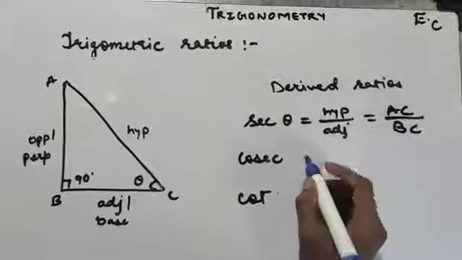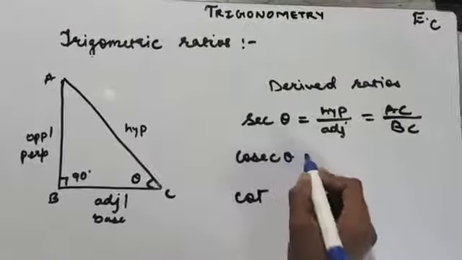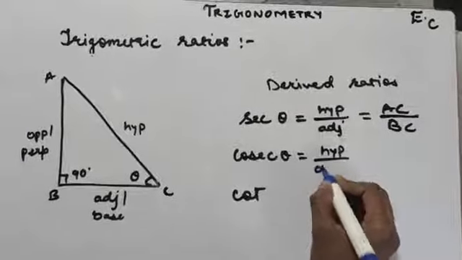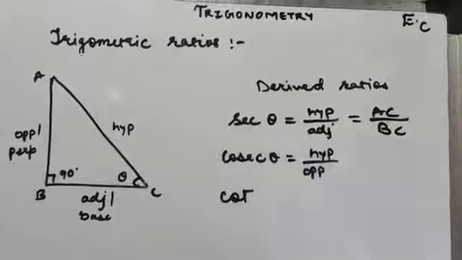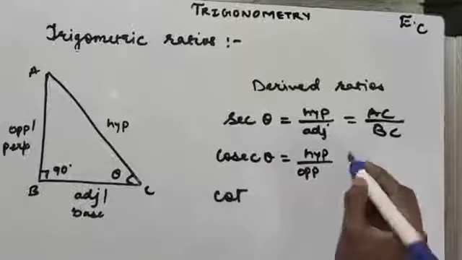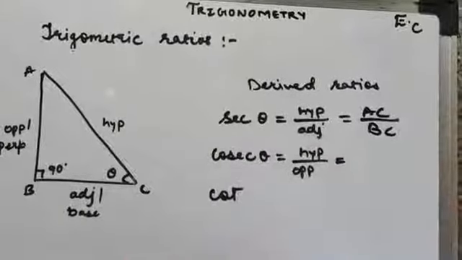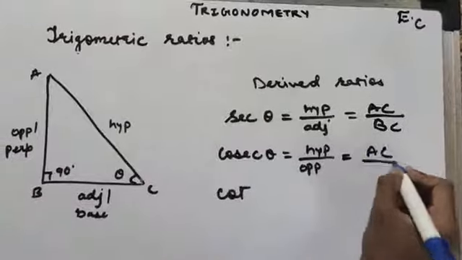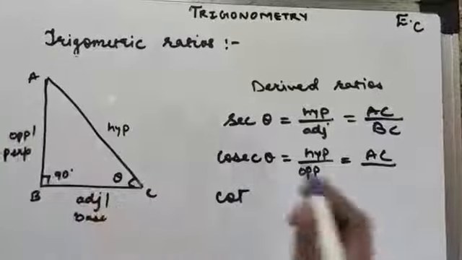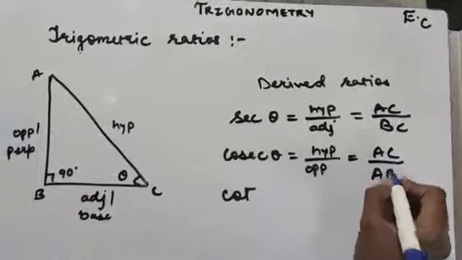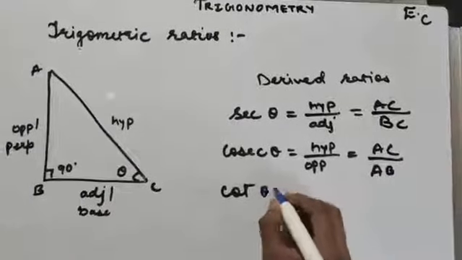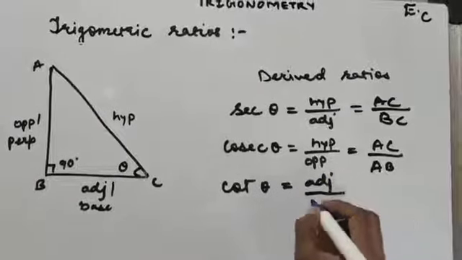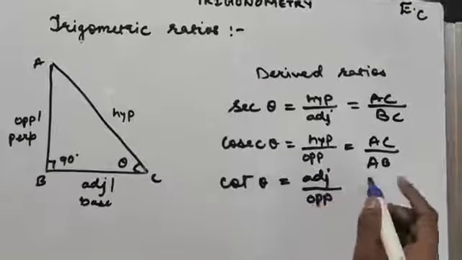Okay, similarly cosec theta is given as hypotenuse upon opposite side or the perpendicular side. Okay, so hypotenuse is side AC and opposite side is side AB. Okay, and cot theta is given as adjacent side upon opposite side.